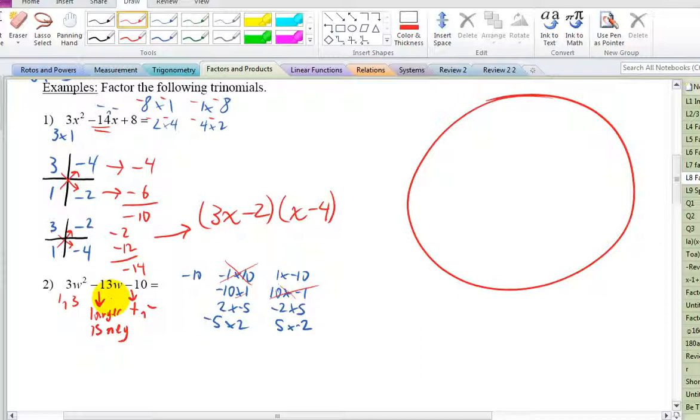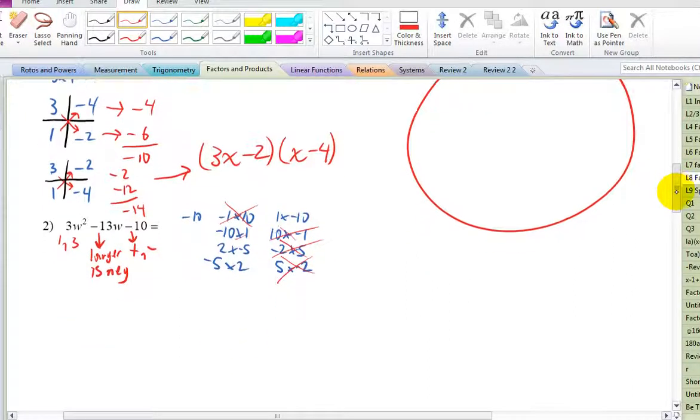We'll never get a negative 13 sum. Same with here, right? Negative 2. Cross it off. Cross it off. So now we have less combinations that are going to make sense for us. Okay? We only have 4 combinations to try. Now, if you don't see that, that's okay. Guessing and checking will show you that those aren't possible.